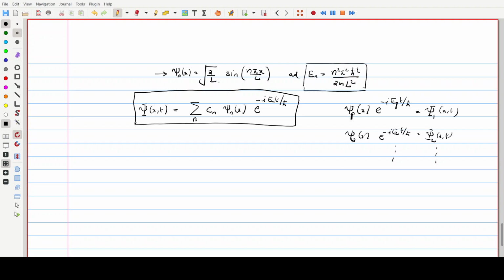Now from this most general solution, the next strategy is to find the possible values of the coefficient Cn, and it is not that difficult. We have to give the initial conditions for this. Once the initial conditions are given, it is possible to find the values of Cn, and we can go further with the time evolution of the wave function.